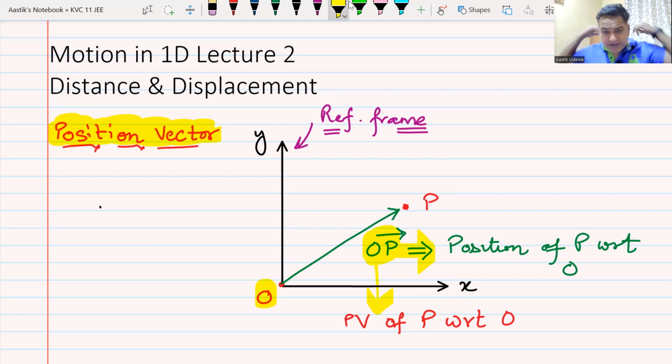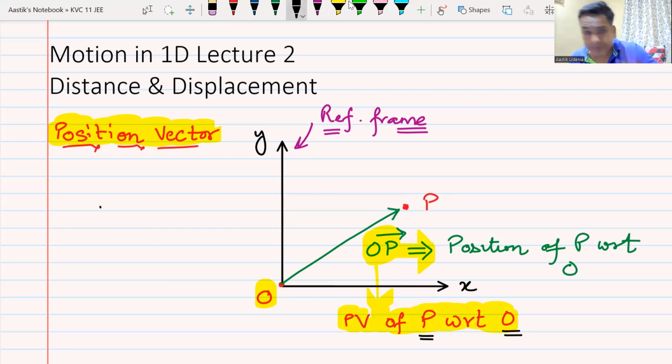Now, you can write it as OP vector. And remember, OP vector is the position vector of P with respect to O. If you look closely, we have said P first and O later, but when I have written, it is O first and P later. Sometimes this creates a doubt in my head.